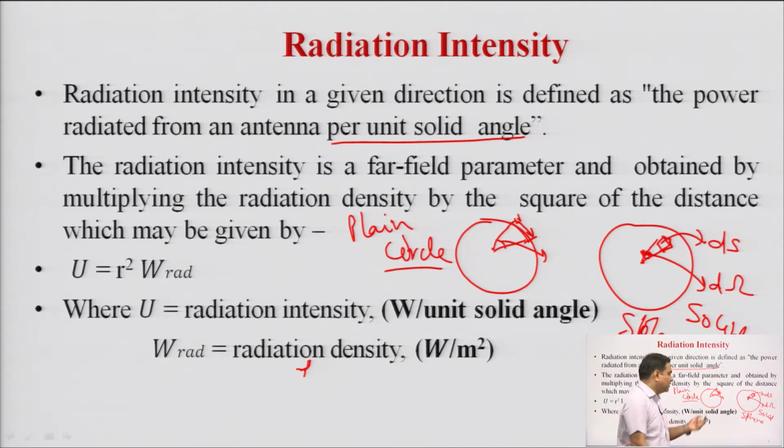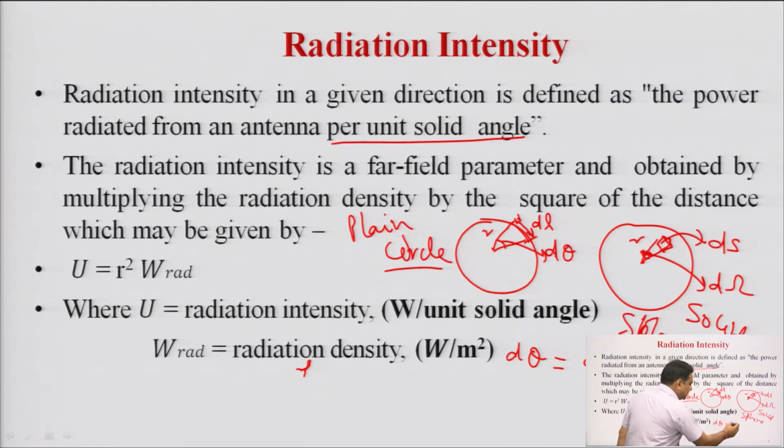This particular angle is defined as d theta, and when the length of this arc is dl and the radius of this circle is r and the radius of this sphere is r, the same, then this d theta can be defined as dl upon r.